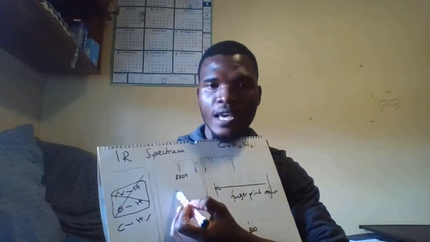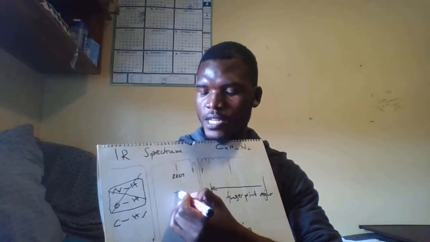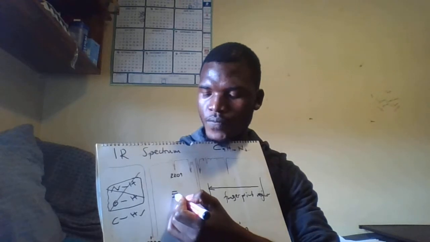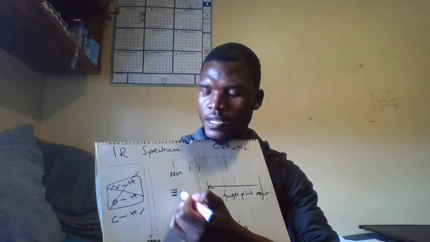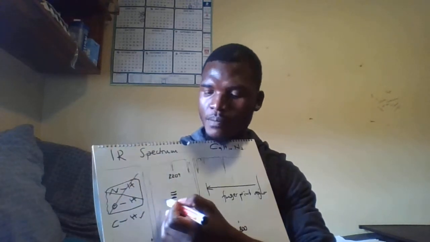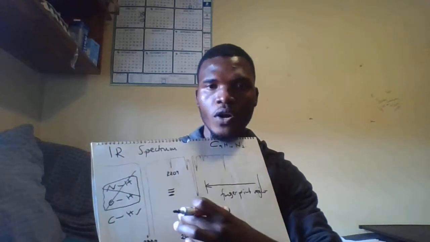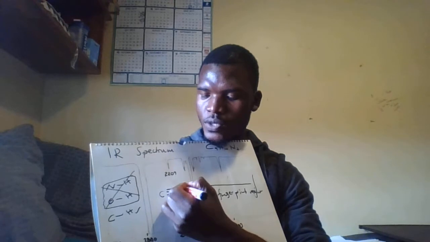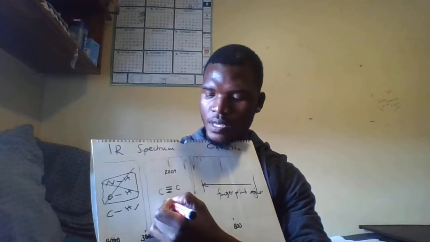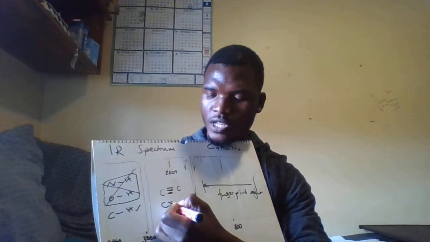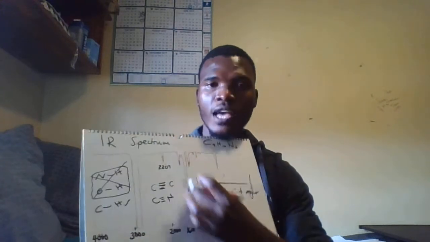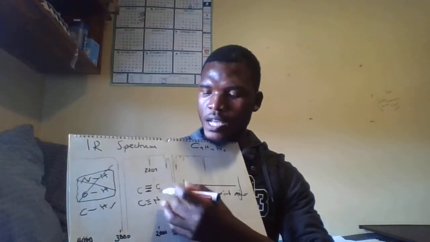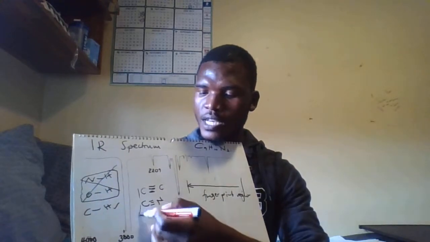So for this peak here, I'm suspecting a triple bond. So this triple bond can be the carbon to carbon, or it can be the carbon to nitrogen triple bond. So we are yet to figure out which one is which. Okay, so these are our possibilities. So just take note of that.